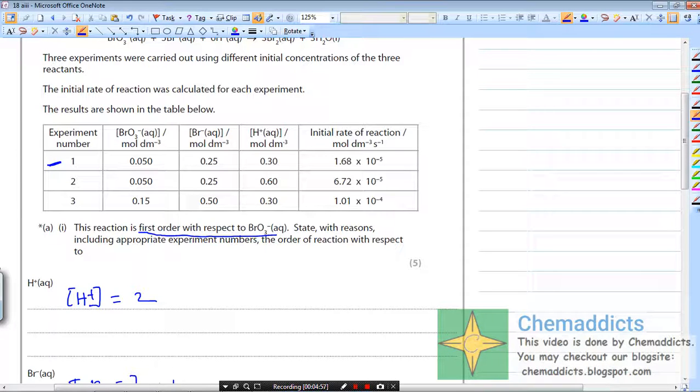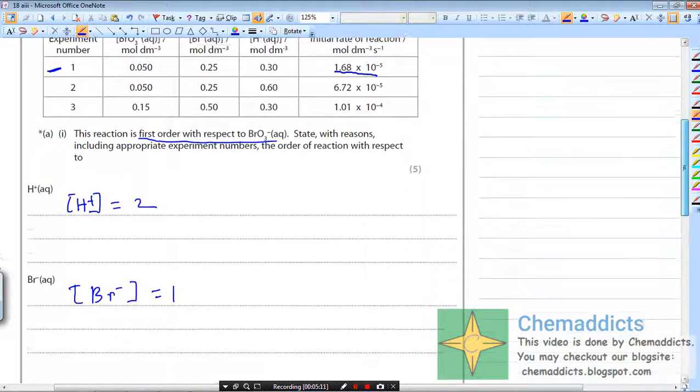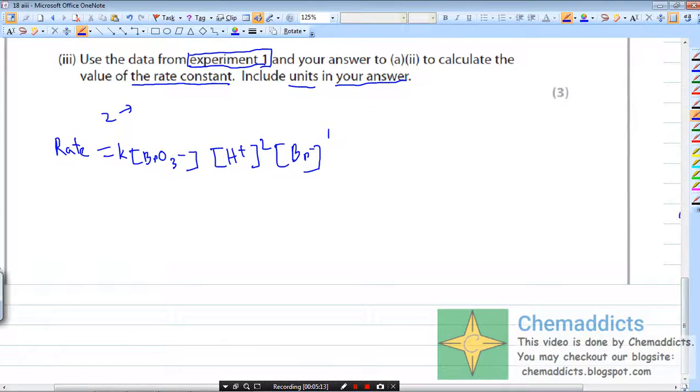Here we can see that the initial rate is 1.68 into 10 to the power minus 5. Let us include the unit in order to find the units of the rate constant k.